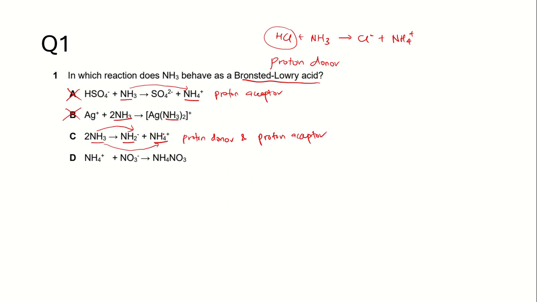So yes, ammonia is a Brønsted-Lowry acid, though it is also a Brønsted-Lowry base in C, but I just want you to find which one does ammonia behave as a Brønsted-Lowry acid. So C is the answer, but let's look at D also. Now D, you don't even start with NH3, so D is not the answer. Answer to question 1 is C.